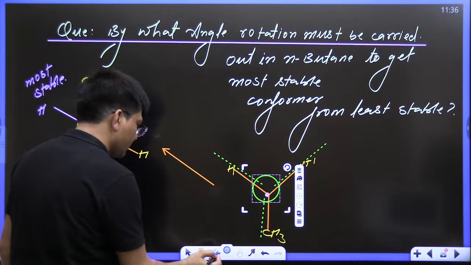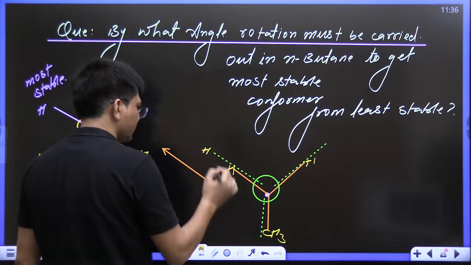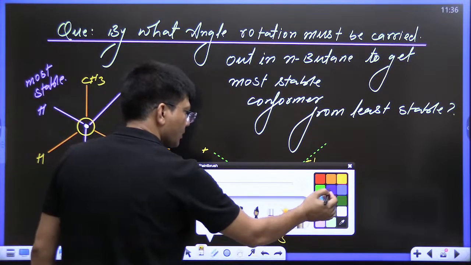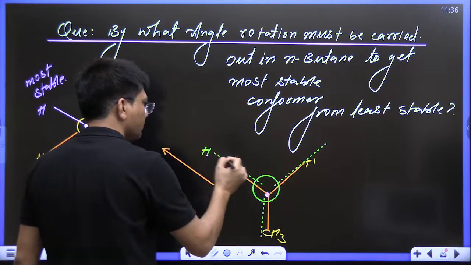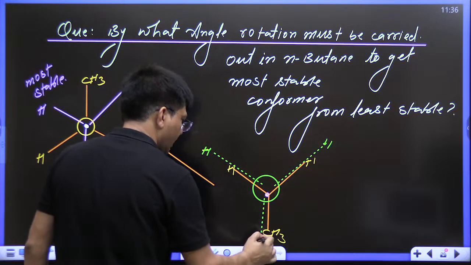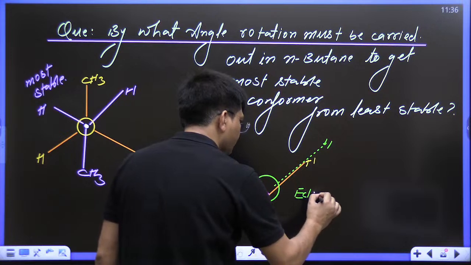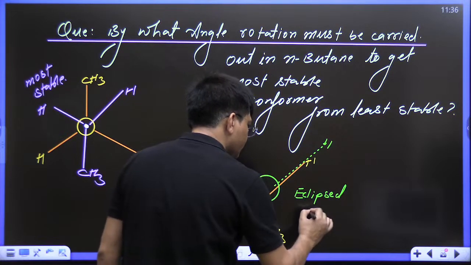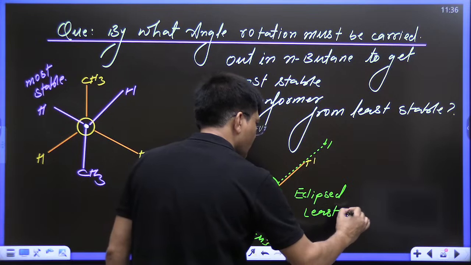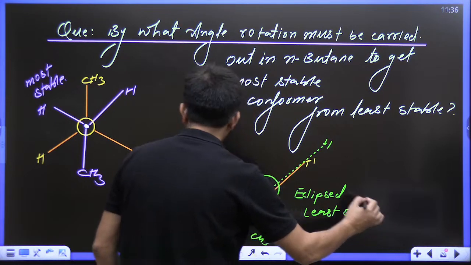These are hydrogen atoms, and methyl. So this is your fully eclipsed, that is the least stable, and that is your most stable.